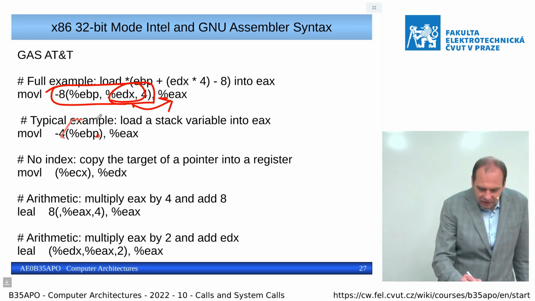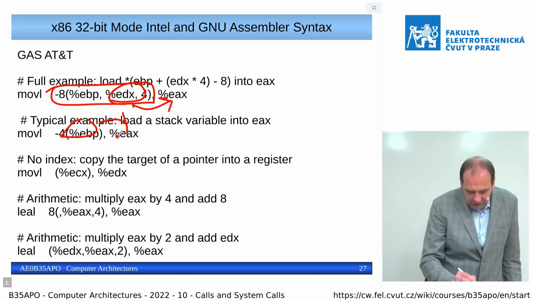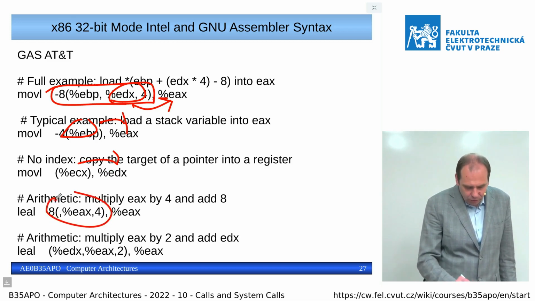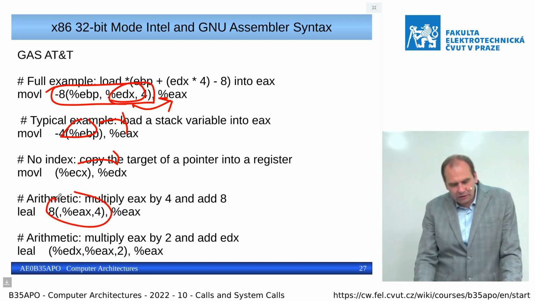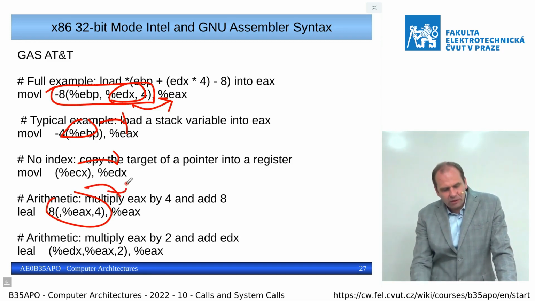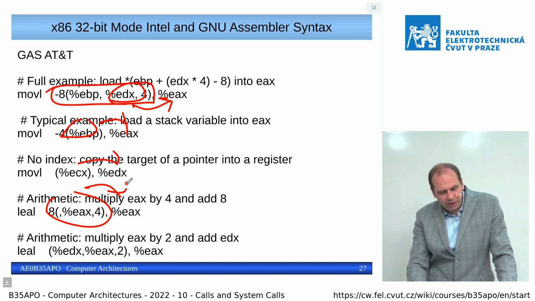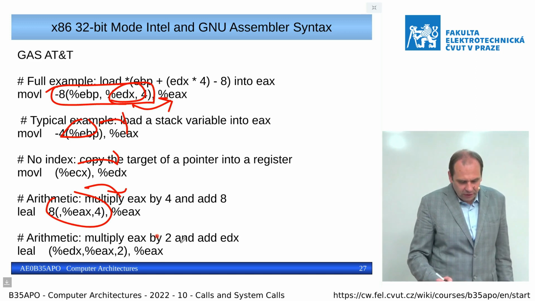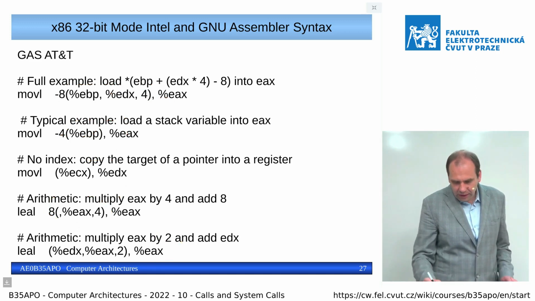We can load this way from the EBX -4 something, from ECX. It is even possible to compute the result of the addressing and store it to the register. So you can use this complex addressing mode, but not to access actual memory, but to store the result into the register, and so on. So those are the options.